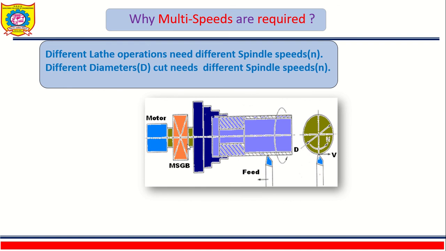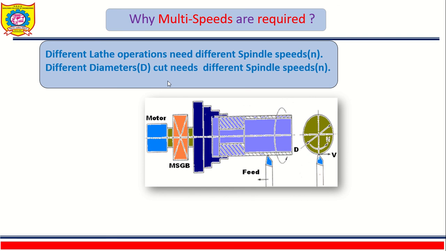But why are multiple speeds required? As we have seen, different lathe machine operations need different spindle speeds, like chamfering, face cutting, threading, knurling and turning operations. Different diameter cuts also need different spindle speeds.